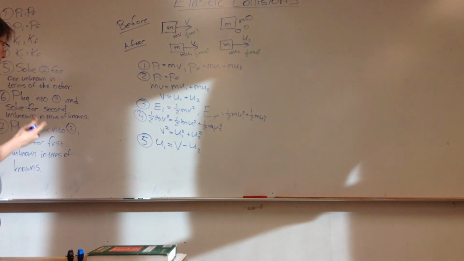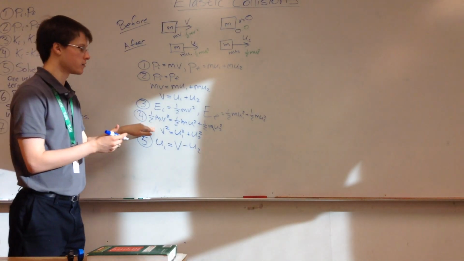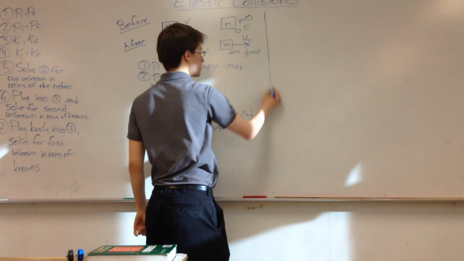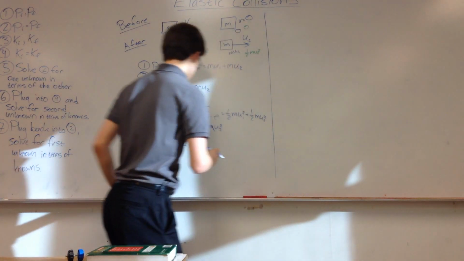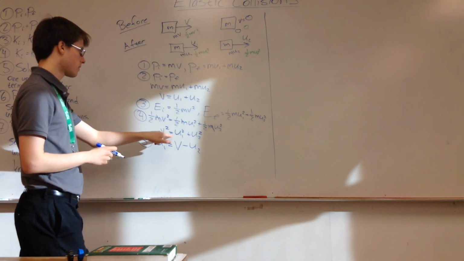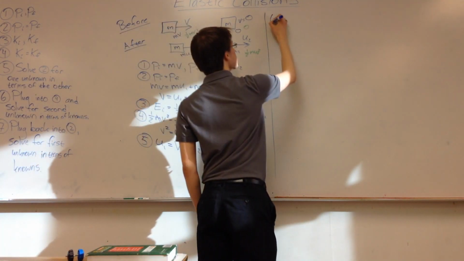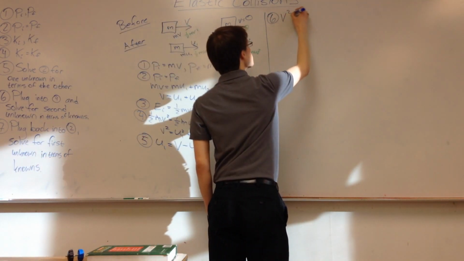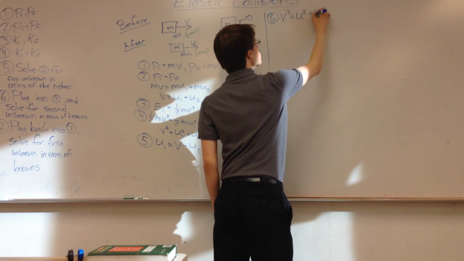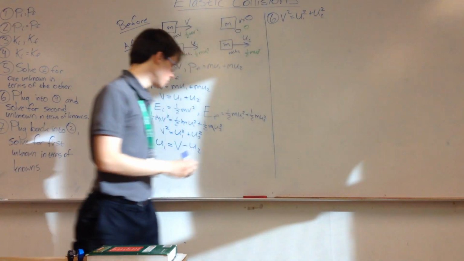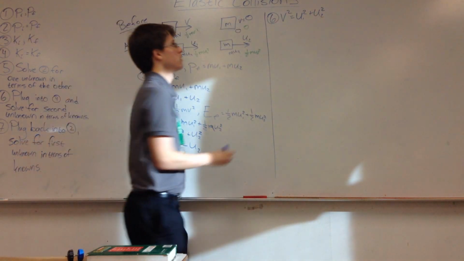And now we're going to take that, and in step 6, we're going to plug it into our equation for energy. So, to split up my work here, we're going to take this u1 and put it in for our energy. So we have, this is step 6, v squared equals u1 squared plus u2 squared, and we just found that u1 is v minus u2.